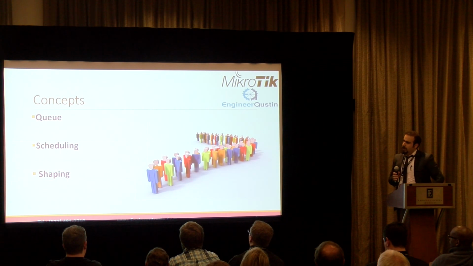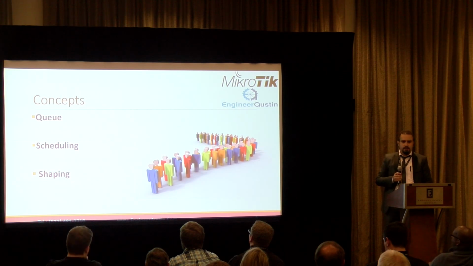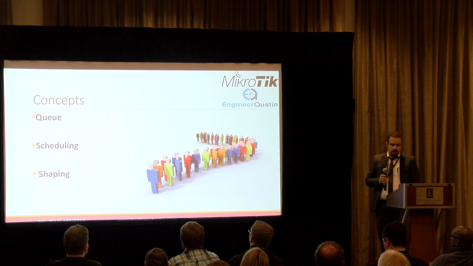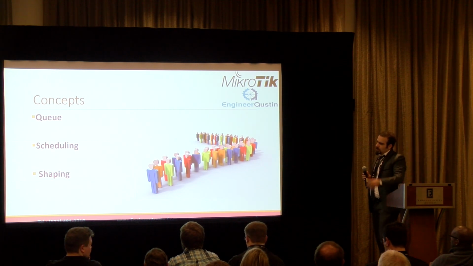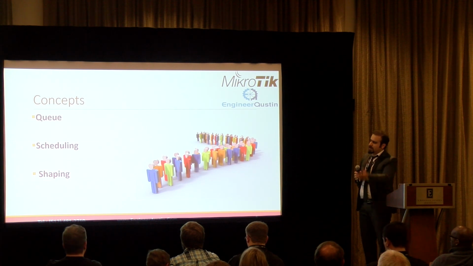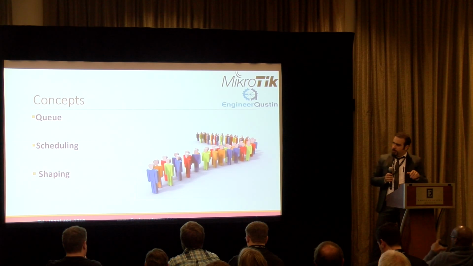Queue. When packets are buffered or delayed for any reason in the network, a queue occurs. So we have three choices: we can let the packet out, shaping, or scheduling.